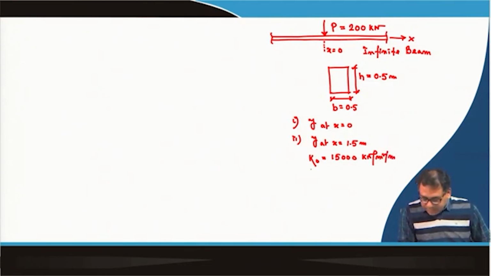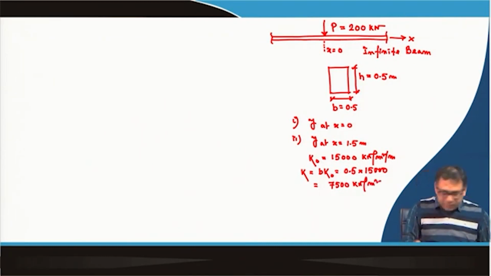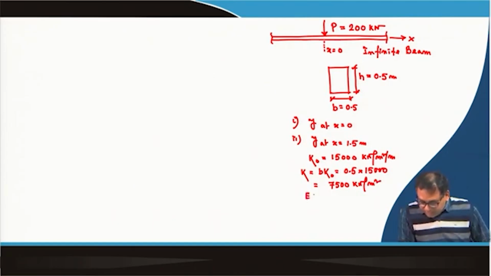So, my k is equal to b into k0. b is equal to 0.5 and k0 is 15,000, so this value will be 7500 kilonewton per meter square. And the EI value is directly given, and that is 10 to the power 6 kilonewton meter square.